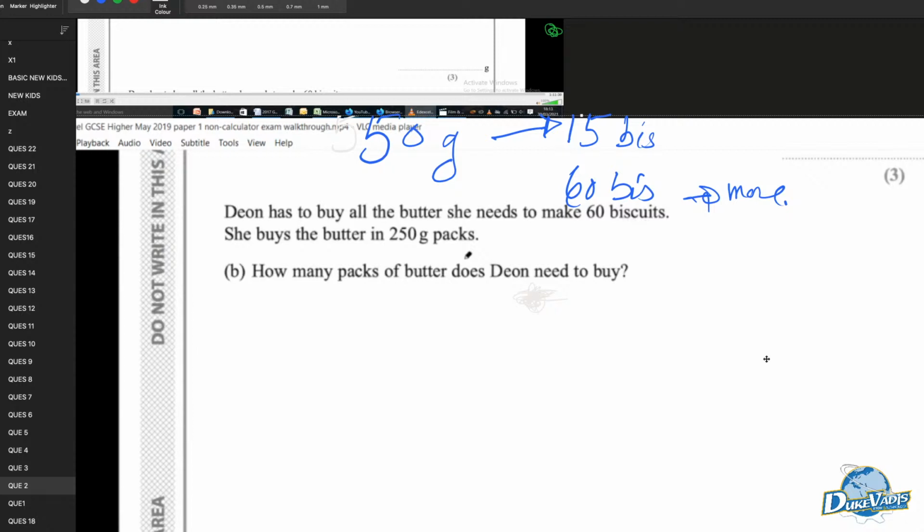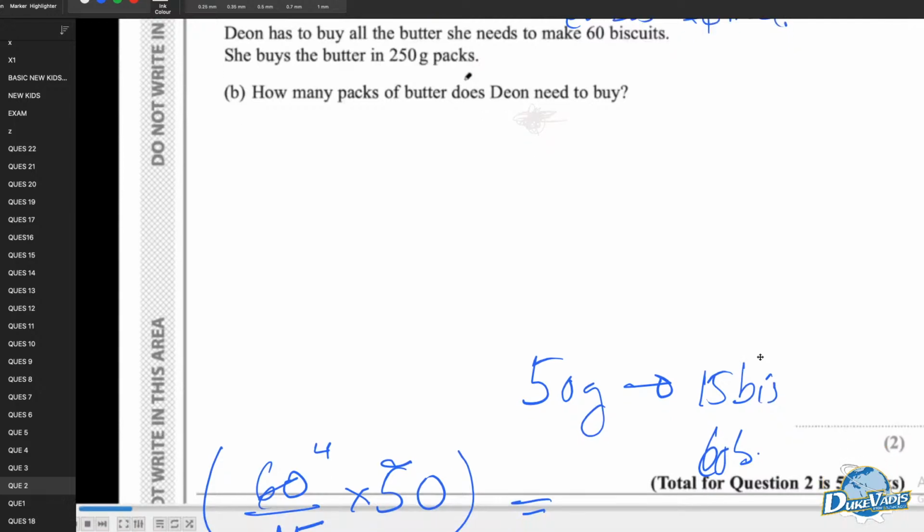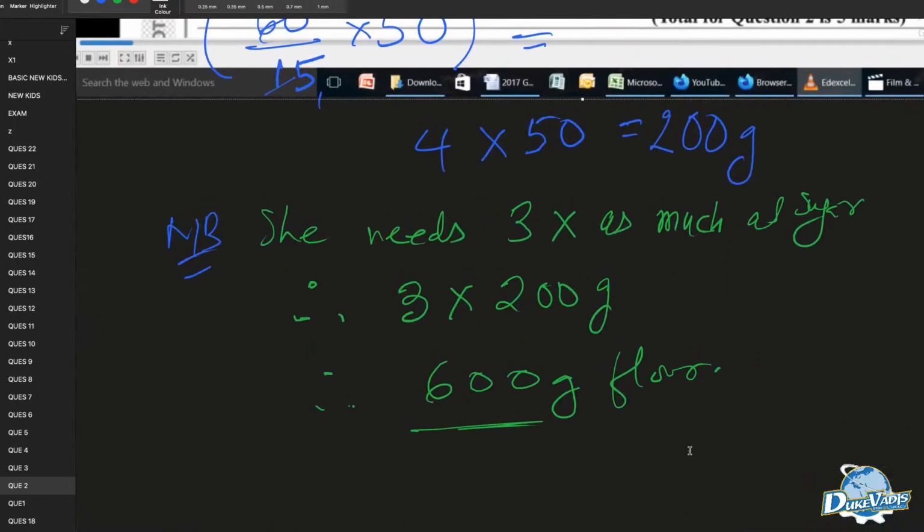She buys the butter in 250 gram packs. How many packs of butter does Dion need to buy? So let's see, the B part.